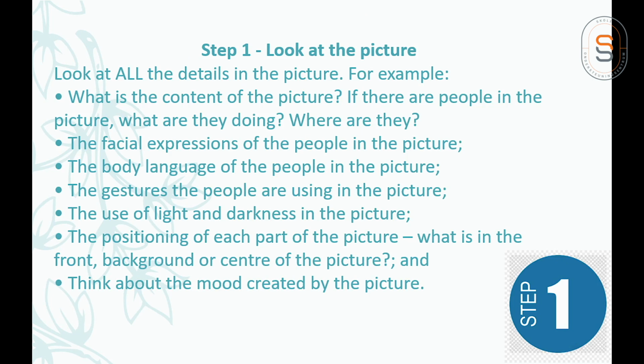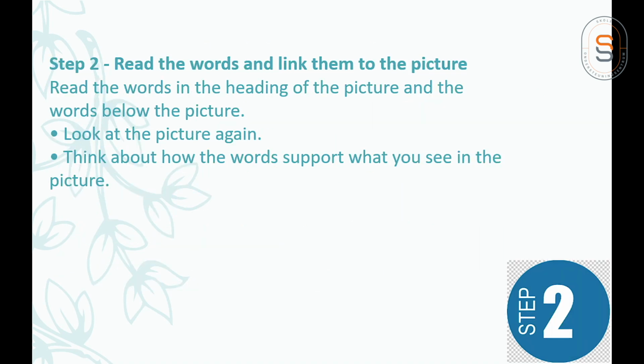Right, so step 1, we look at the picture, we look at all the details in the picture, and we think about the mood created by the picture. And remember, step 2, we read the words and then we link them to the picture.